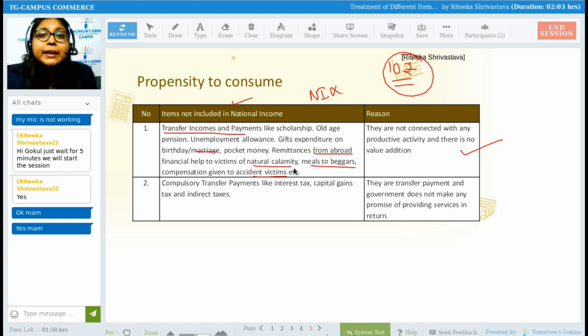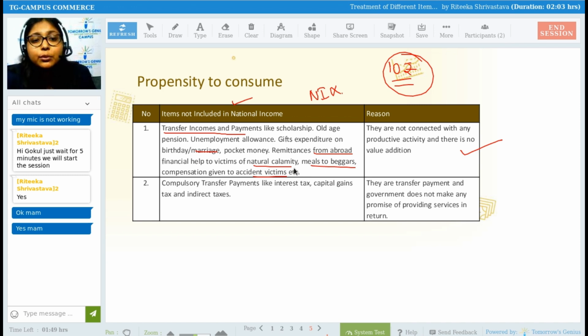So these 10 rupees is my transfer income, which is not included under national income, because national income includes only those activities which are contributing towards the production of the economy. So giving gifts, pocket money which you receive from your parents, all of these things are not activities which will impact the economy's production or productivity. And that is the reason these things will not be included under national income.